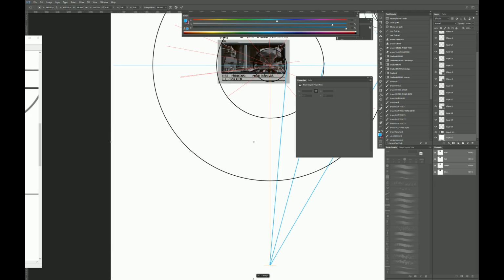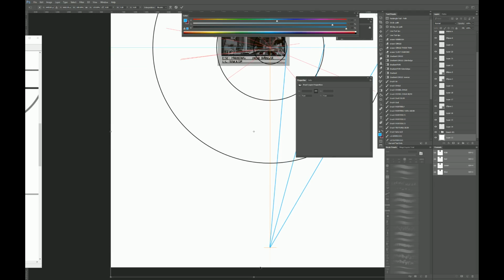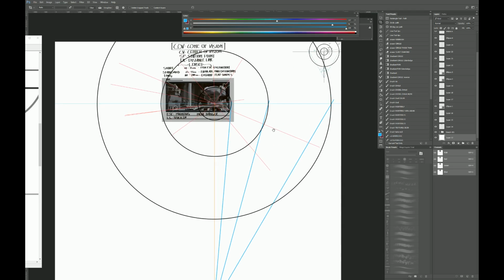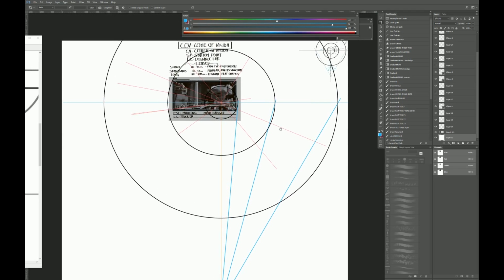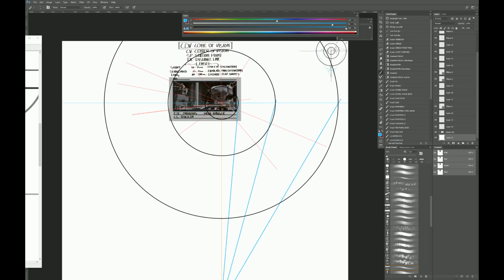And I had to get my background layer and pull that back more. So why did this work? And how does this work? All right, so we're talking about reverse engineering your technical perspective, your linear perspective construct in order to give you the distortion that you want, the lens that you want in a sketch that you already created.